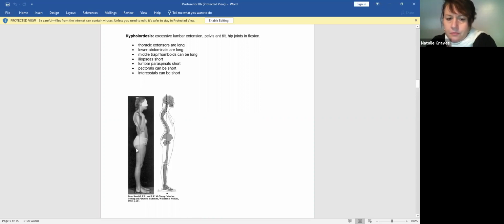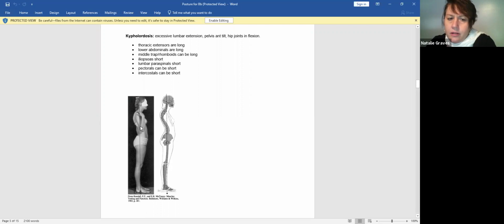And so again, you're going to line the person up and just put the plumb line slightly anterior to the lateral malleolus, and then you're going to follow up the chain. So just by having the patient stand to the side and looking at them, you can really see this exaggeration of curves. So if you see that excessive thoracic kyphosis followed by excessive lumbar lordosis, you're going to name that as the kypholordotic posture.